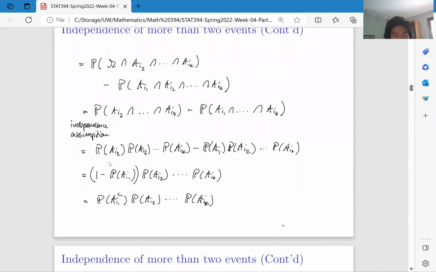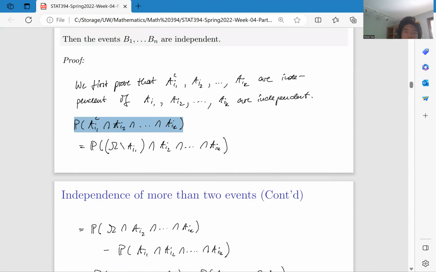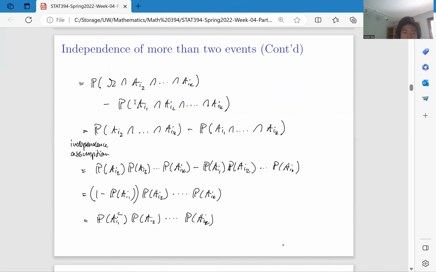This is equal to the first term we defined. And because we already know that all of the Ai are independent, this is the independence assumption the question already gave us, this is equal to probability of A1 times A2 times A3 times A4 up to AK minus A1 times A2 up to AK.